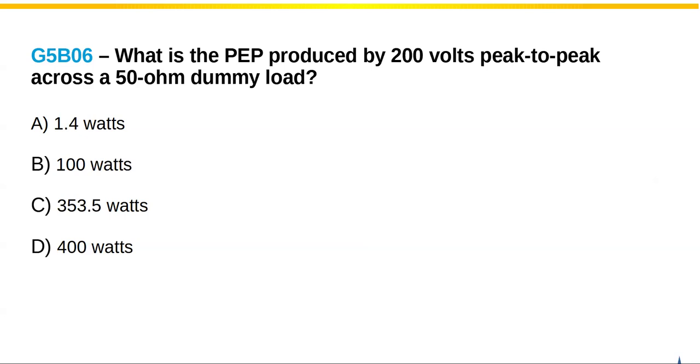So that would be 100 volts peak or 70.7 volts RMS. Very familiar number because it's your typical transmitter. I'm going to say it's 100 watts.